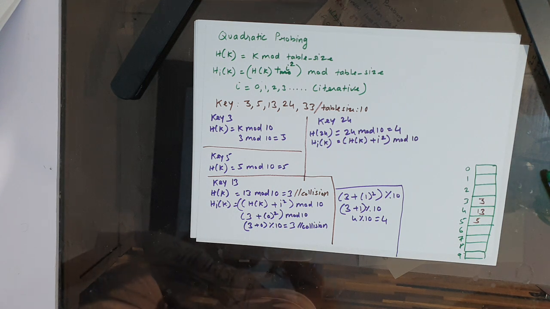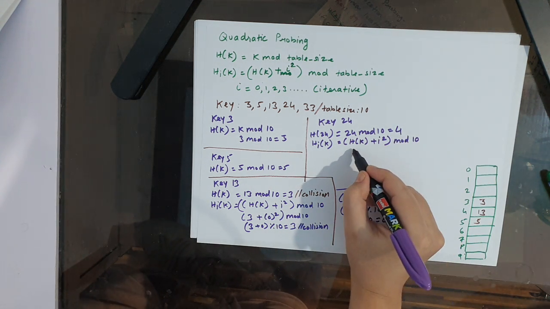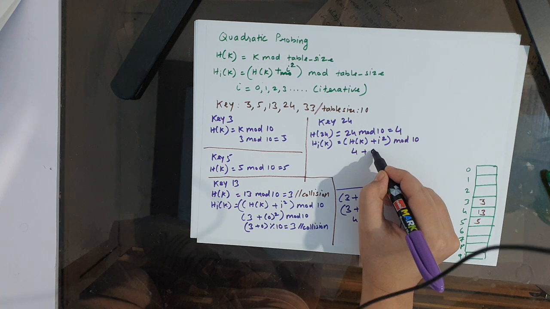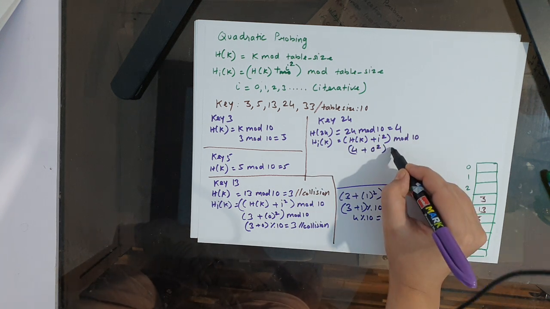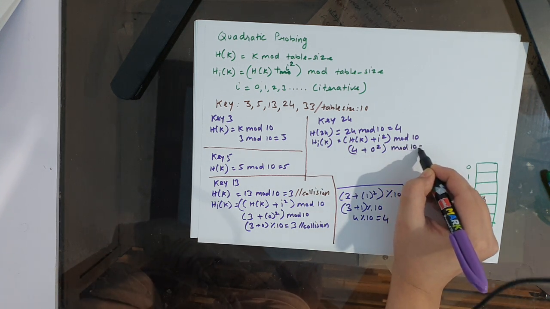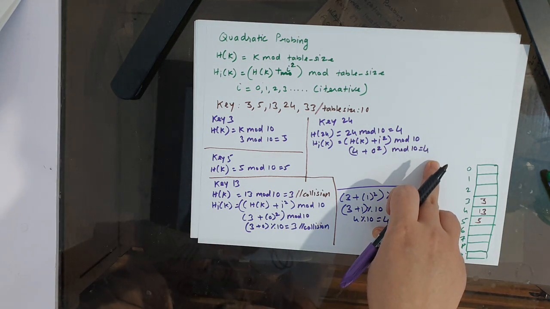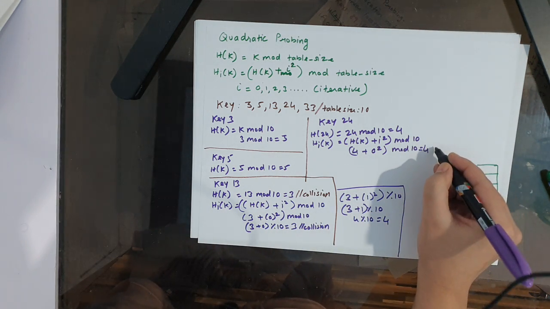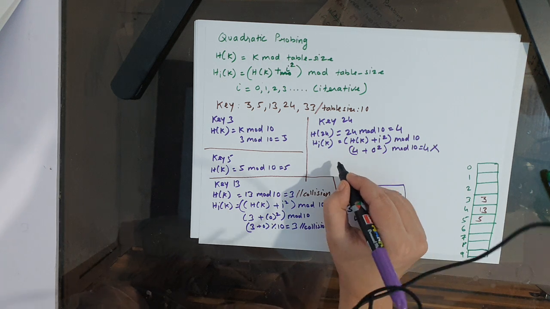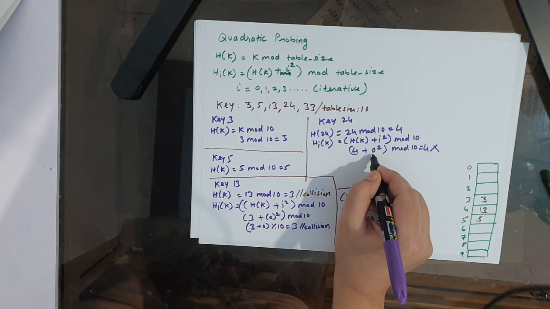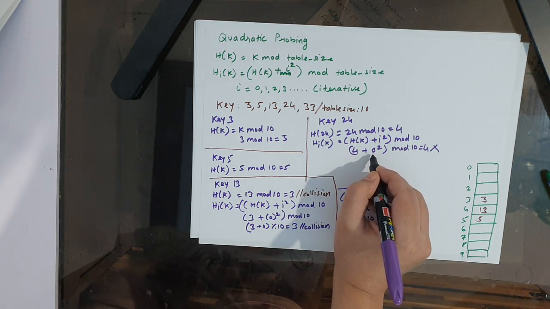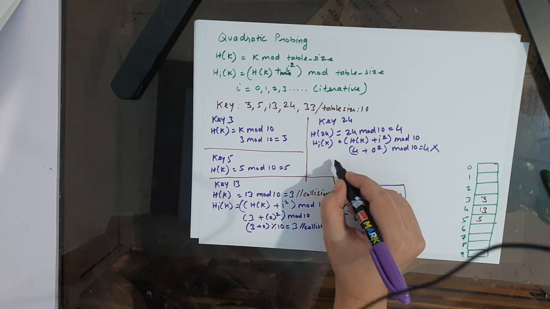What is h(k)? The answer that we got was 4. So 4 plus 0 square mod 10. The answer is again 4. So this is again a collision, which is not acceptable. So we increment our i value; it was 0 previously, so it will become 1.